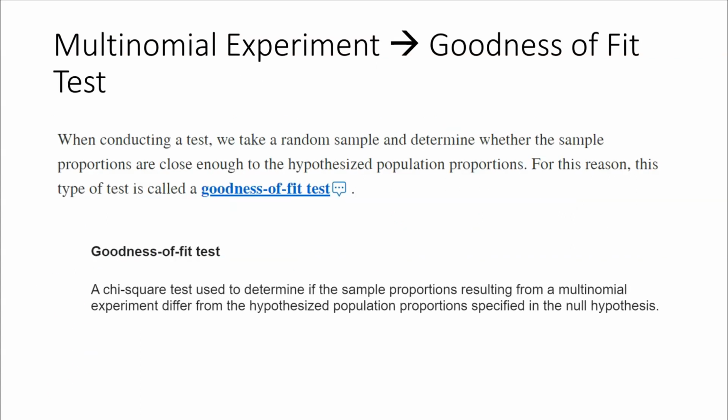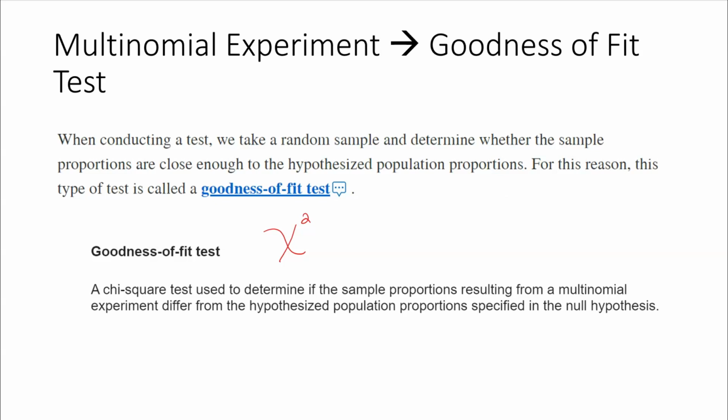When we have these multinomial experiments, we're going to end up using what's called a goodness of fit, or chi-squared test. The symbol for chi looks like this, and we pronounce it chi-squared. The chi-squared test is what we'll use to determine if the sample proportions resulting from a multinomial experiment differ from the hypothesized population proportions specified in the null hypothesis.